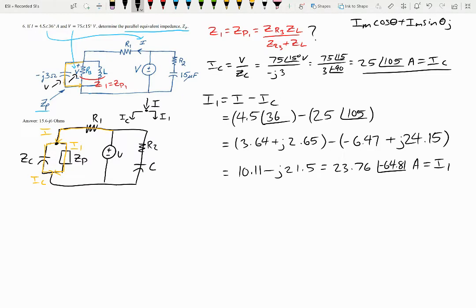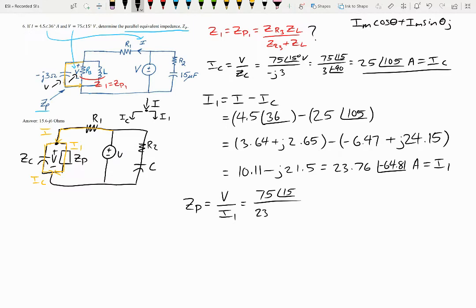So now that we know I1, we can find Z parallel by saying voltage divided by I1 is equal to Z parallel, because this is still the voltage across. So now we can just drop in the 75 angle 15.